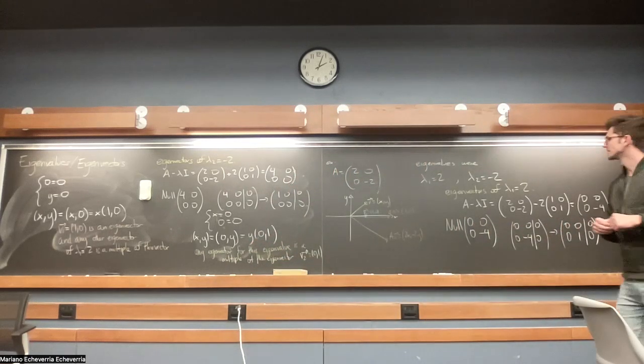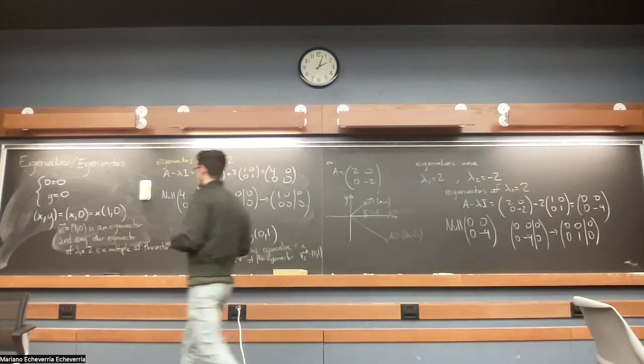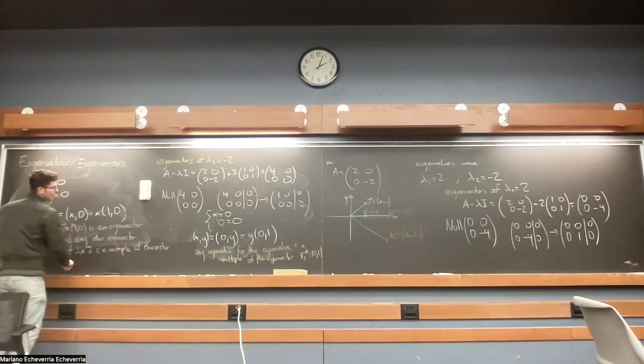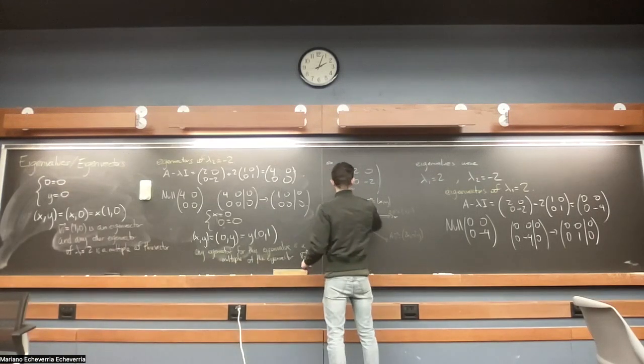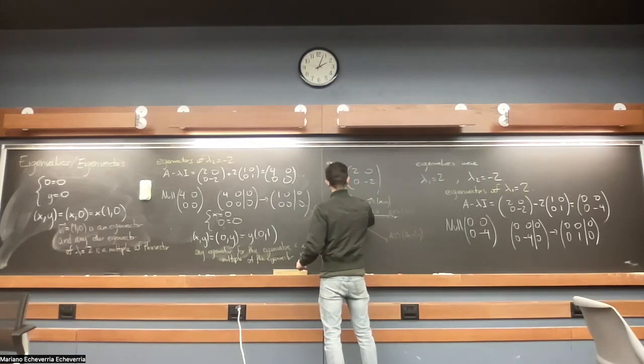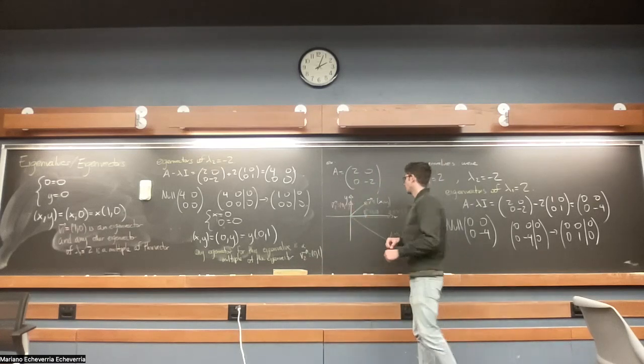So that makes sense in the picture, because if you look at the picture, if you draw the vector 0, 1, what the matrix does is reflect along the x-axis and double it in size.